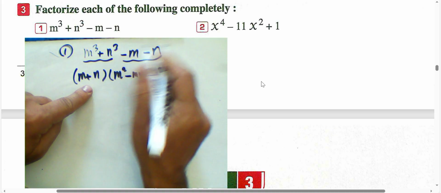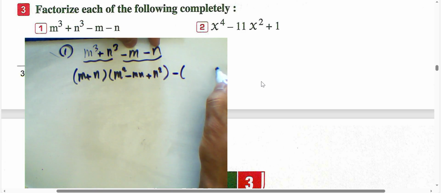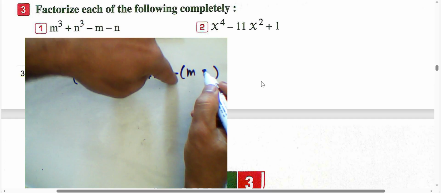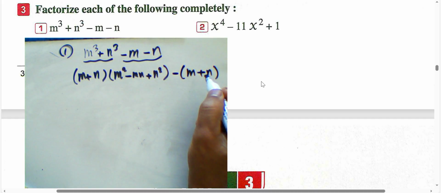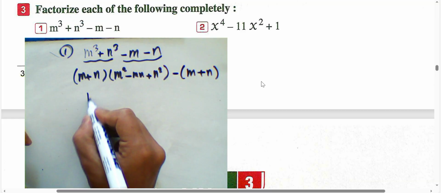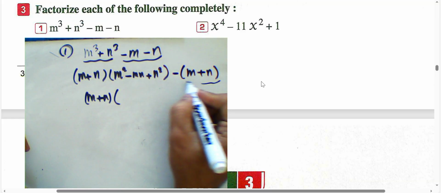And for this term here, I will write the negative highest common factor between the two terms, negative 1. Negative m divided by negative equals m. Negative n divided by negative equals positive n. Now we have m plus n repeated. Write m plus n as the common factor between the two expressions.